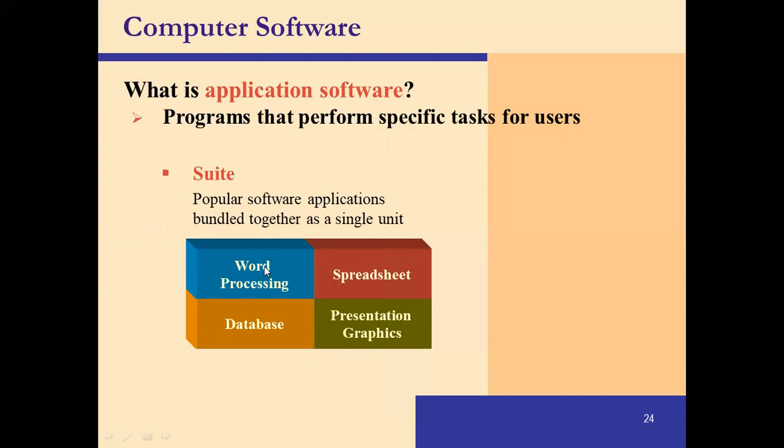It gives you word processing, Microsoft Word; spreadsheets, Microsoft Excel; presentation graphics, like I'm using right now to present you the slides, Microsoft PowerPoint; and database, Microsoft Access. Together they come inside a single unit as Microsoft Office.